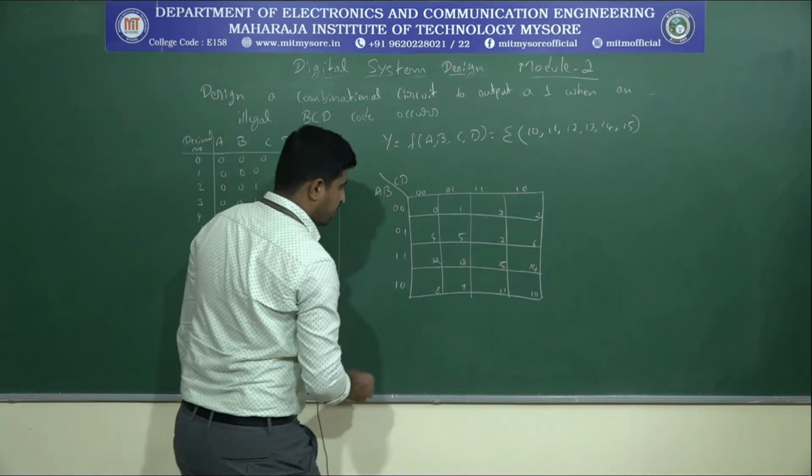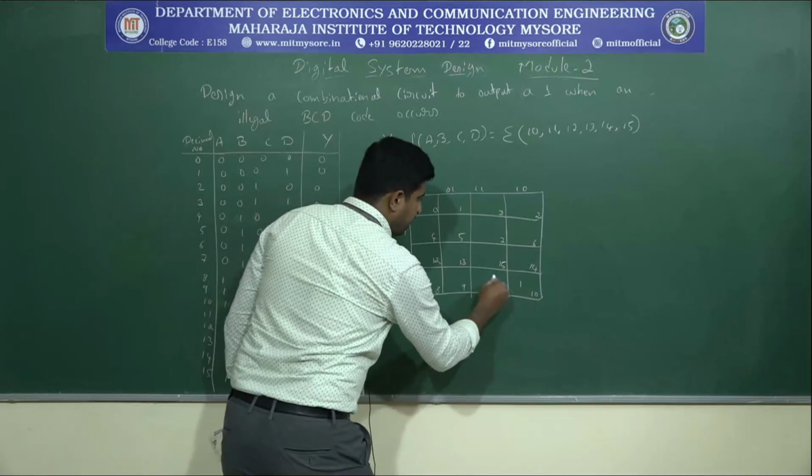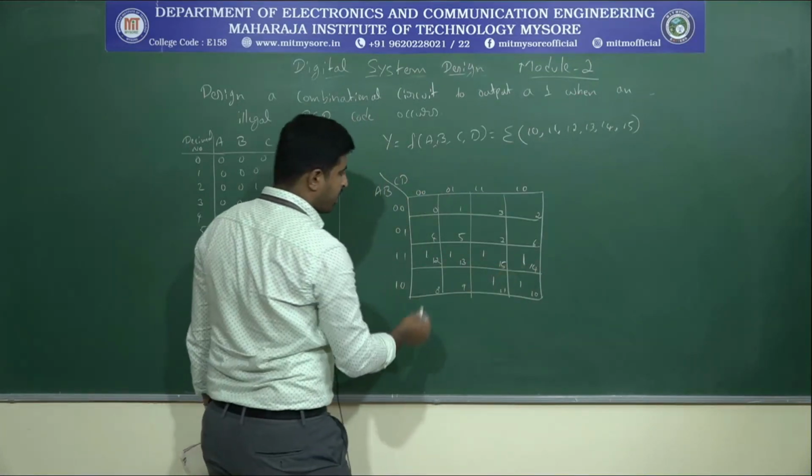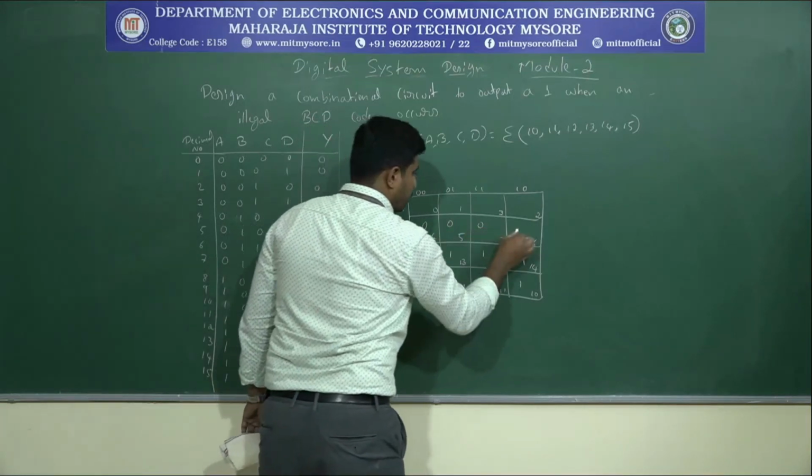As per the given function, 10, 11, 12, 13, 14, 15 are 1, and the remaining are 0.